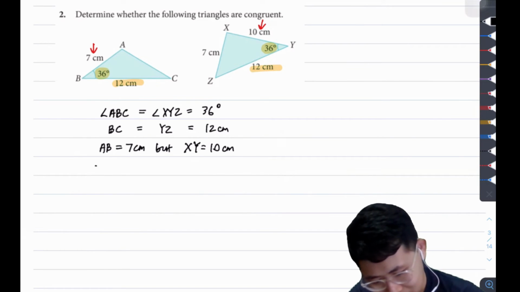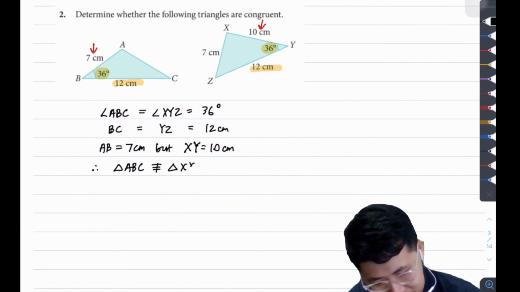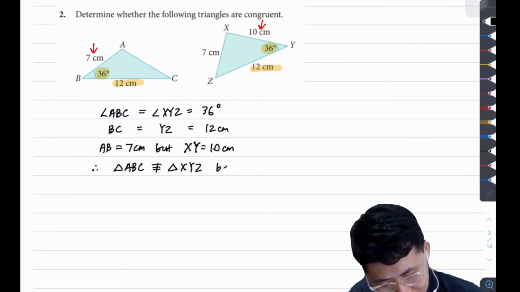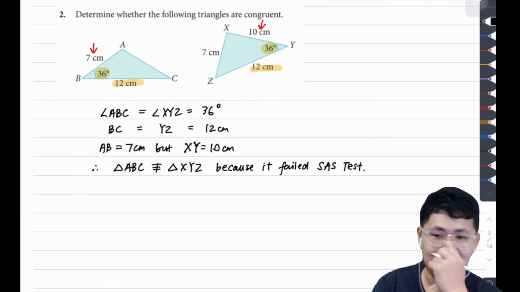So the conclusion is triangle ABC is not congruent with triangle XYZ because it failed the SAS test for congruency.